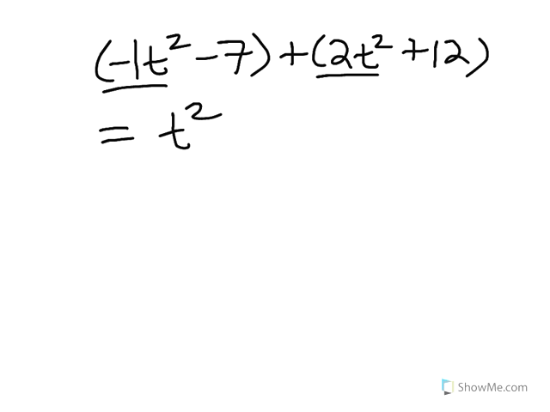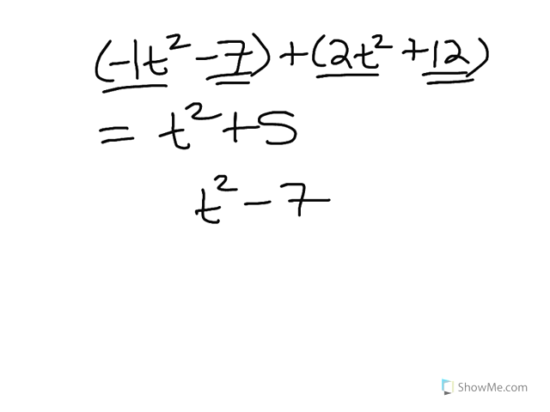Then for the rest of it, negative 7 plus 12 is 5, and that'll be a plus 5 because it's positive. Here's another place where perhaps organizing things vertically will work better for you. T squared minus 7, and it was negative to begin with, and then 2t squared plus 12.